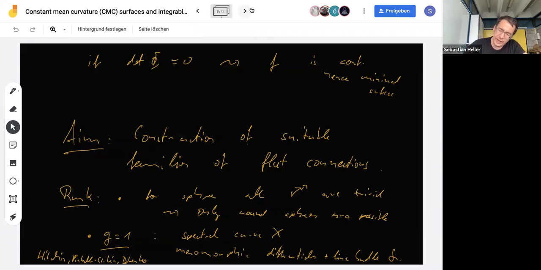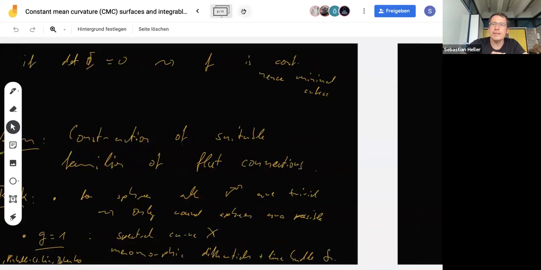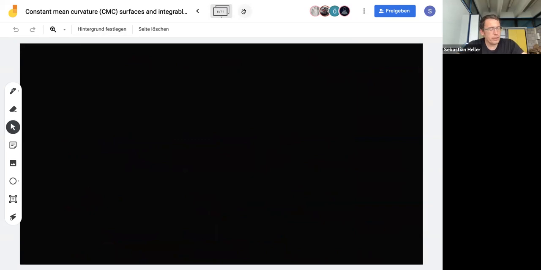And the reason for that is, in the case of a torus, the fundamental group is still abelian. So all the monodromies, or the monodromy matrices of connections, are commuting.